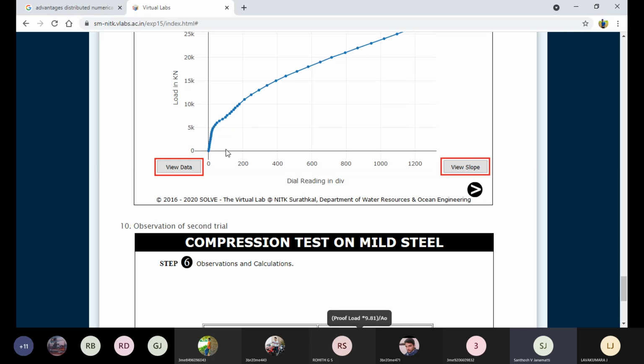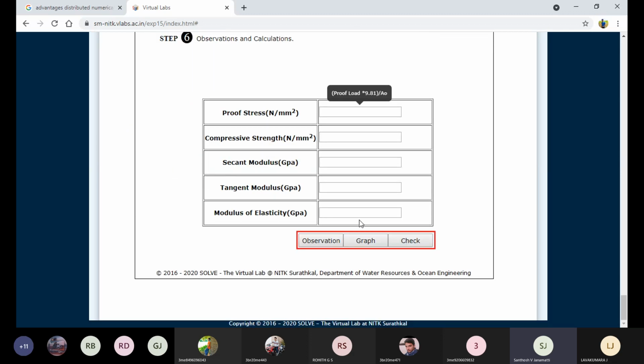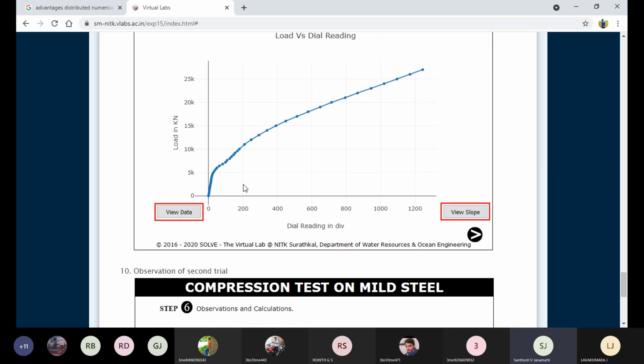Here, around 4 kg force you can get, and somewhere here you can get the strain value. Simplifying stress by strain, you directly get the Young's modulus. But some materials will not give this straight line. Immediately from here itself they become curved.